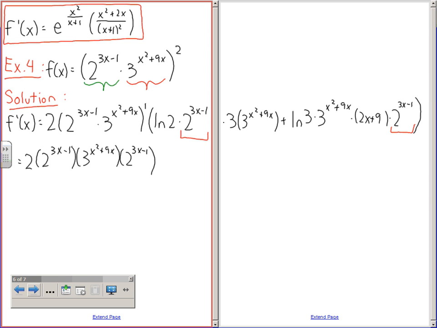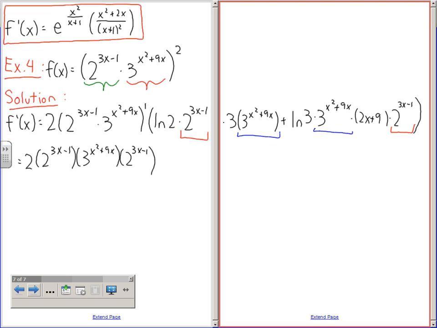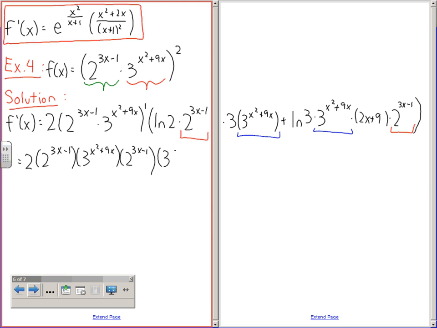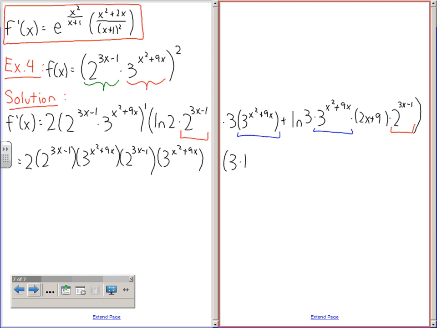Also, I see a 3^(x^2+9x). And then the leftover part, which is going to be 3 times ln 2 plus (2x+9) times ln 3. This can still be neatened up.